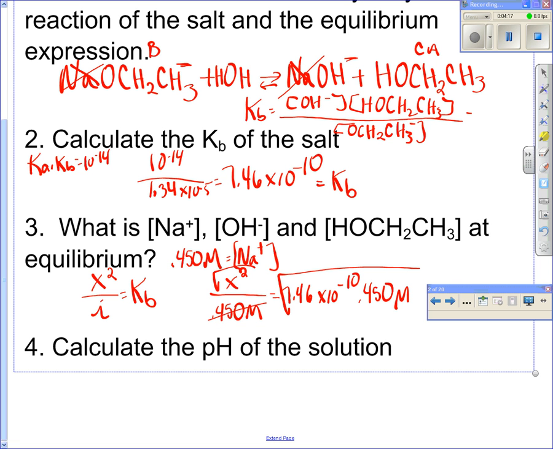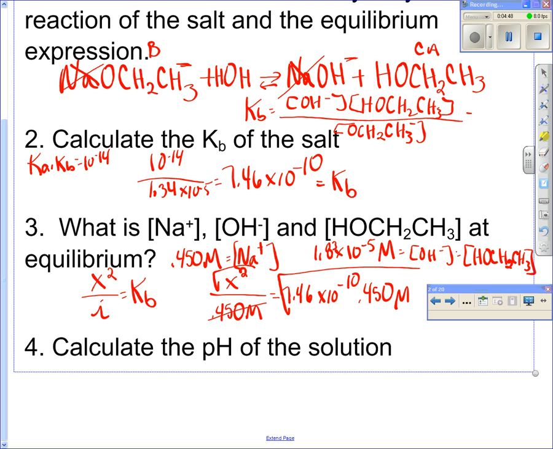When I work this out, I get that OH and the propionic acid are both 1.83 times 10 to the minus 5 molar. Do not forget your molarity. That's going to equal your OH minus concentration as well as your conjugate acid concentration. So that's that question.